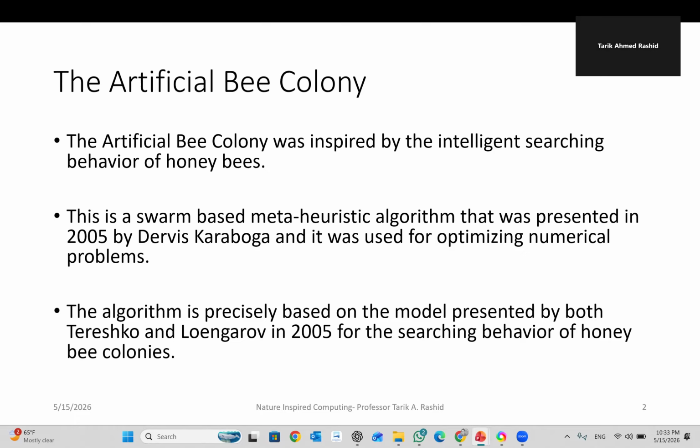The algorithm is precisely based on the model presented by Tereshko and Loengarov in 2005 for the searching behavior of honeybee colonies.